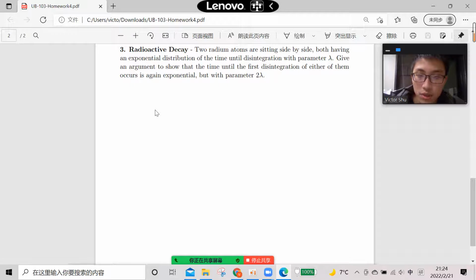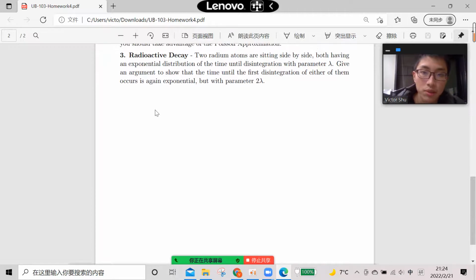And if you use the probability density function, it's just e to the minus lambda t times e to the minus lambda t. And you get the probability density function for the new event, which is the two atoms surviving time t. And by observation, it's again an exponential distribution. So basically that's it.